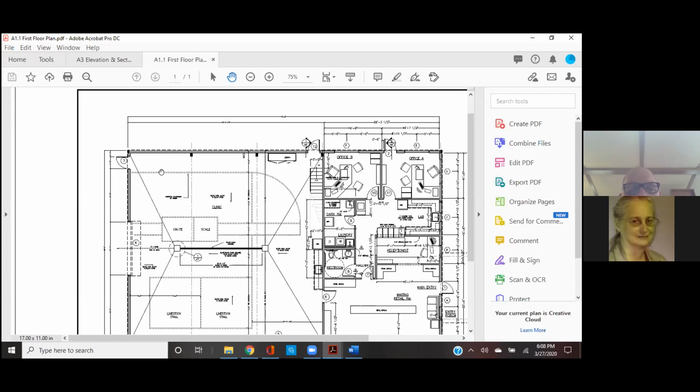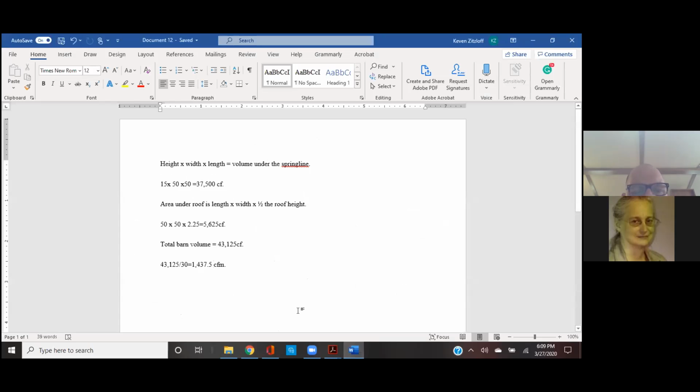What happens when we divide that cubic feet per minute number by 36? All right, so 1437.5 divided by 36. I got 39.93. Yeah, that's like a 6 by 6 thing.